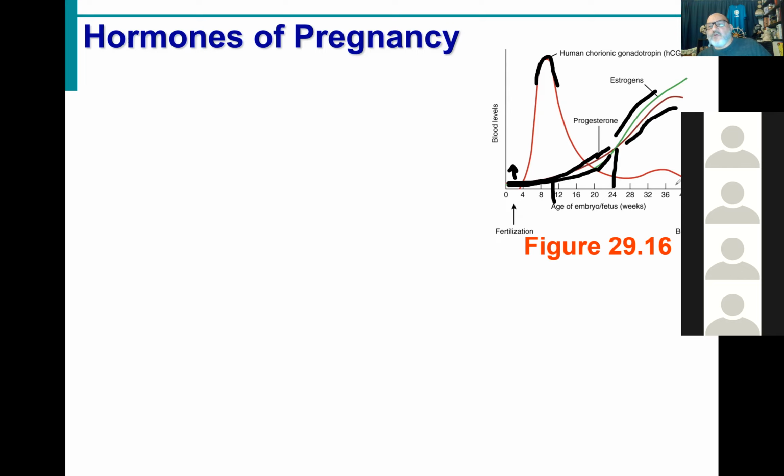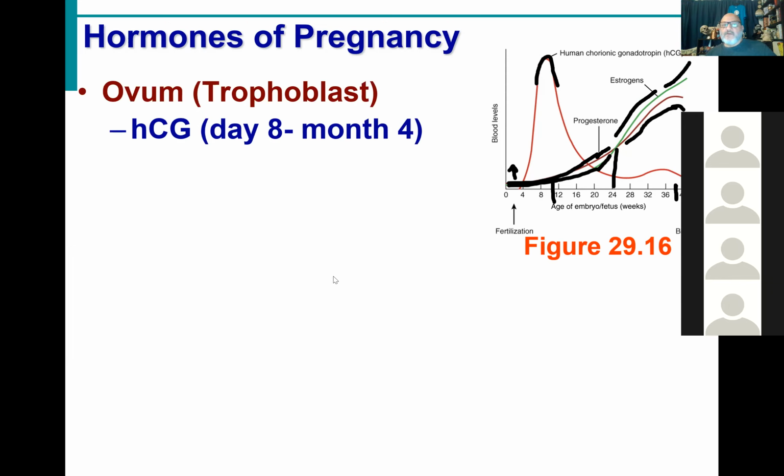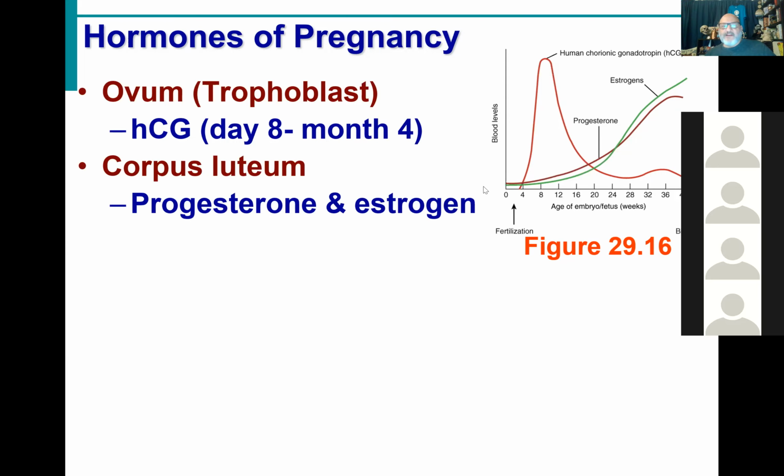And then notice right at the time of birth, estrogen continues to spike and progestin levels start to drop. So again, we're seeing these dramatic changes that are taking place in the hormones of the woman during pregnancy.